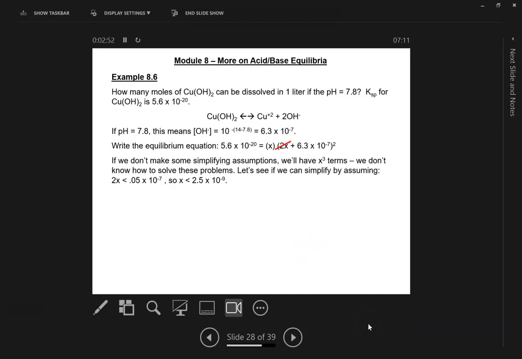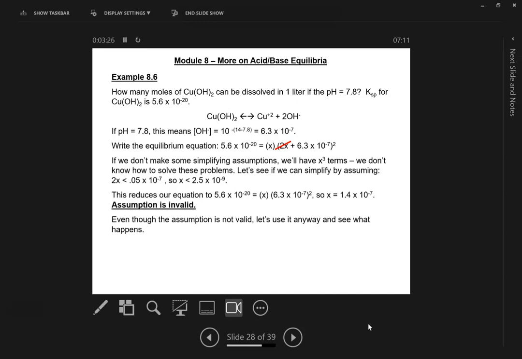Now, if we do that, we can cross out the 2x, and we just get 5.6 times 10 to the minus 20th is x times 6.3 times 10 to the minus 7th squared. We can easily solve for x. But the problem is that x is 1.4 times 10 to the minus 7th. So I'm off by a factor of a couple hundred. I'm not really that close, so our assumption is not valid. But let's use this as a starting point.